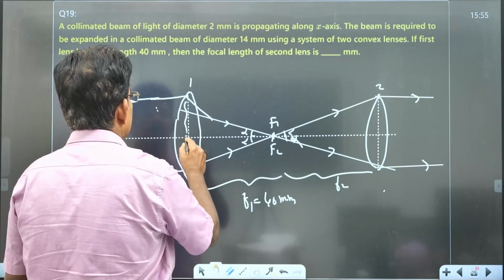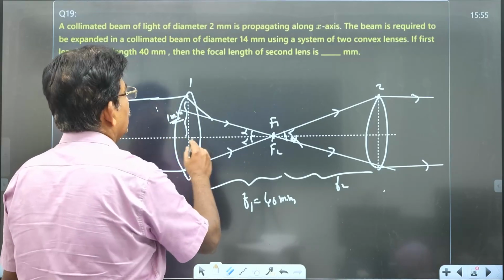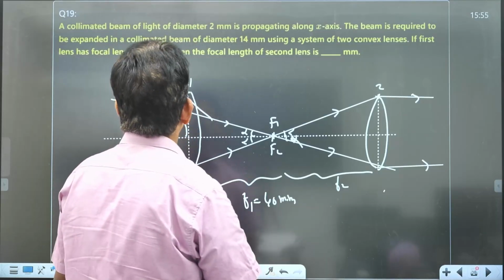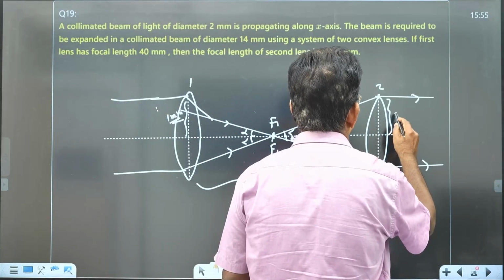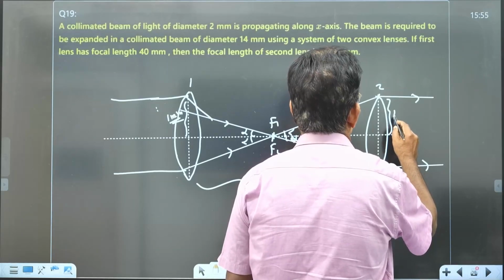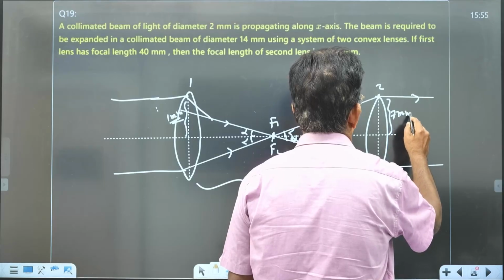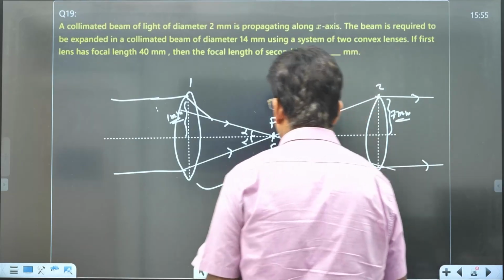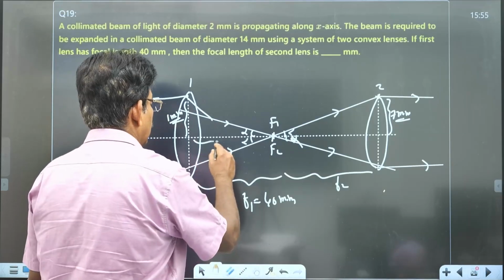So this is 1 millimeter. Here the diameter is 14 millimeter. So this is what? 7 millimeter.